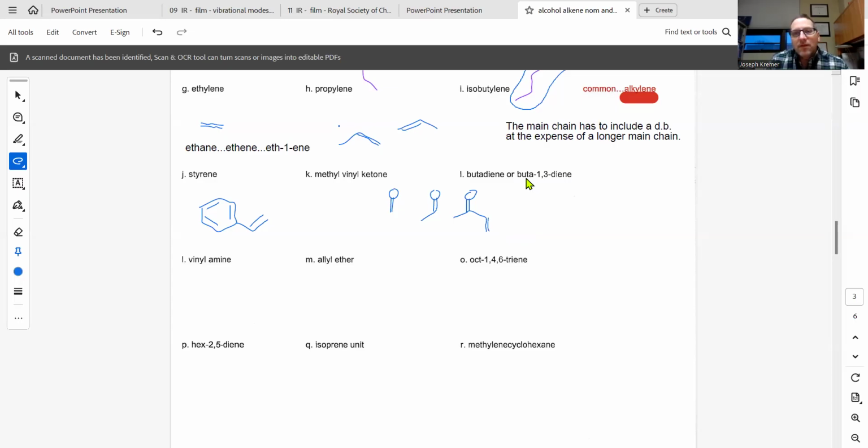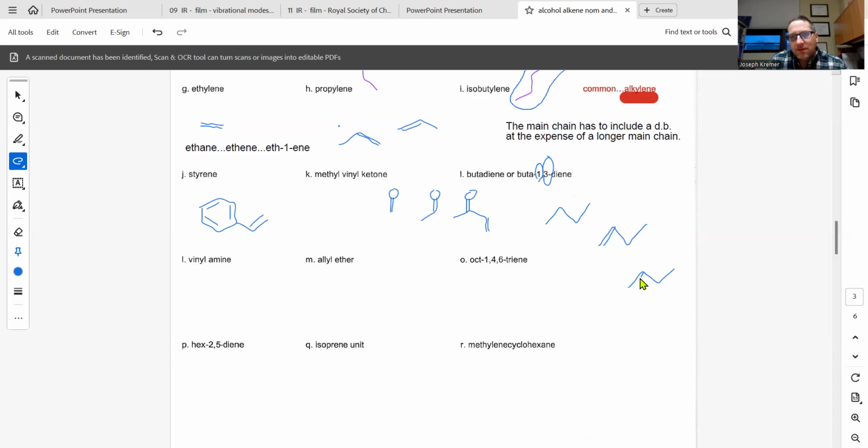Butadiene, or else buta-1,3-diene. So there's going to be a double bond starting at carbon one, and a double bond starting at carbon three. So draw butane. Here's the double bond starting at carbon one, and here's a double bond starting at carbon three.